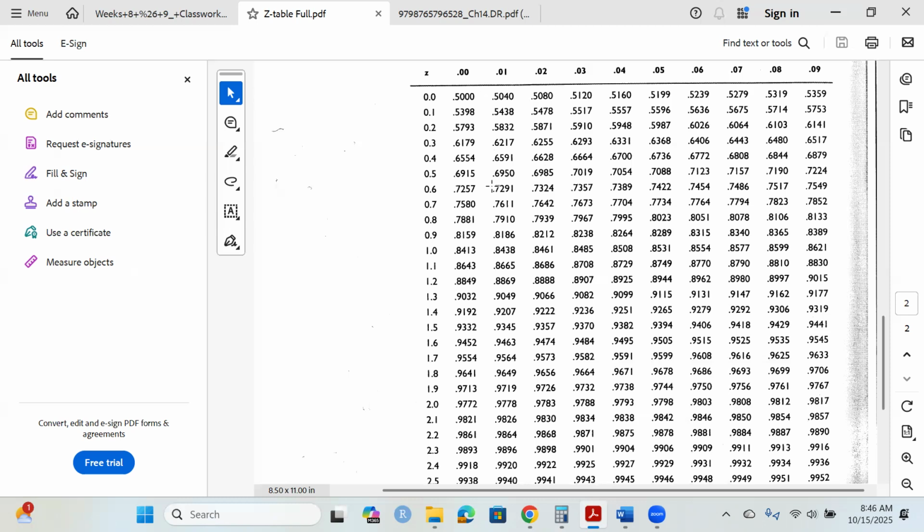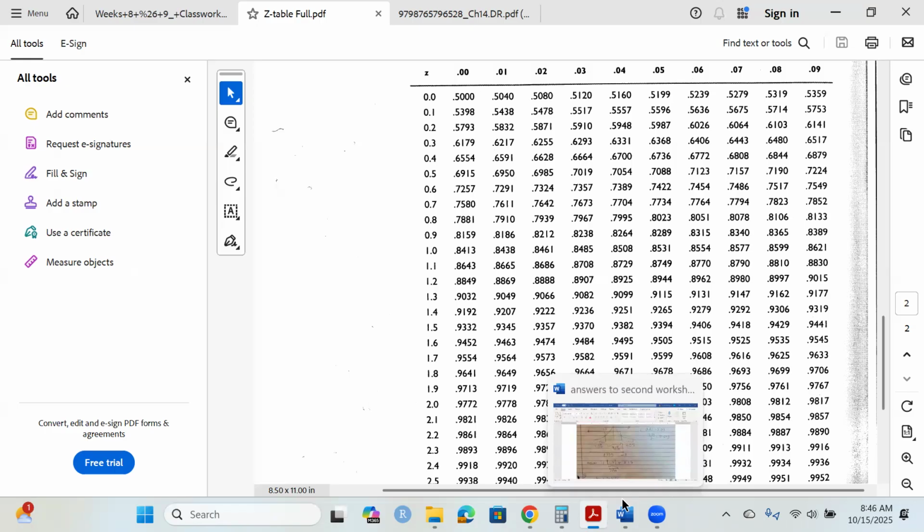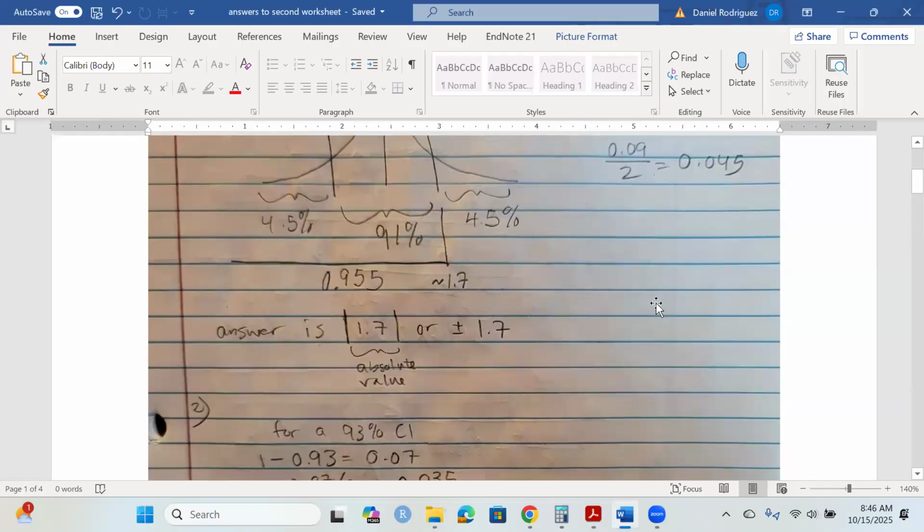And the way you read this, this is to the hundredths place. This is to the tenths. So this would be 1.70. This would be 1.71 and so on. So we use the 1.70, 0.9554. Right, so 1.70 is my critical value, and it's the answer to this problem, right?